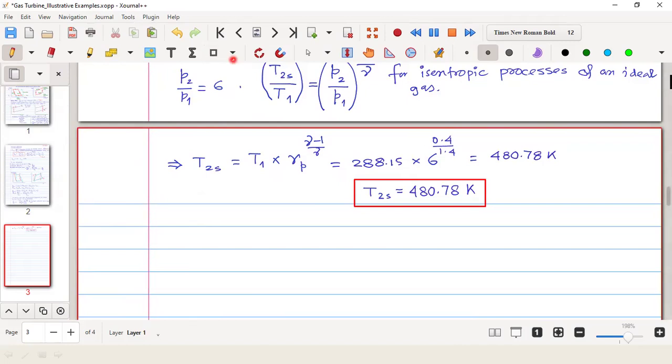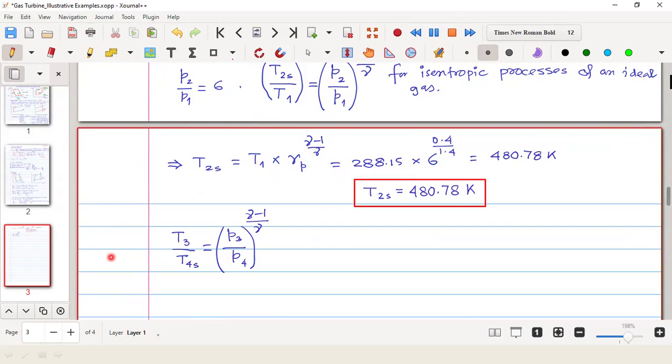Next, in the same way, we can calculate T4s, as we know that the pressure ratios are the same. So P2 by P1 is the same as P3 by P4. So we can write T3 by T4s is equal to P3 by P4 whole to the power gamma minus 1 by gamma.